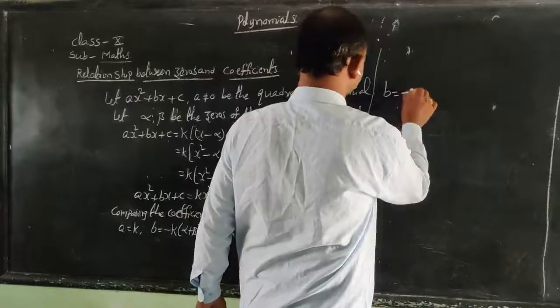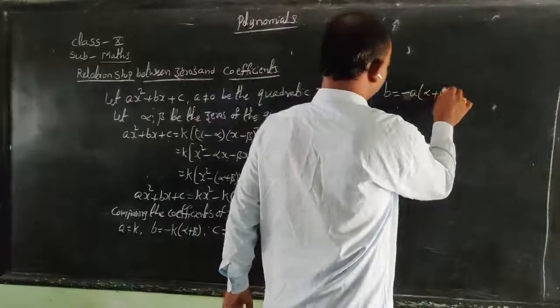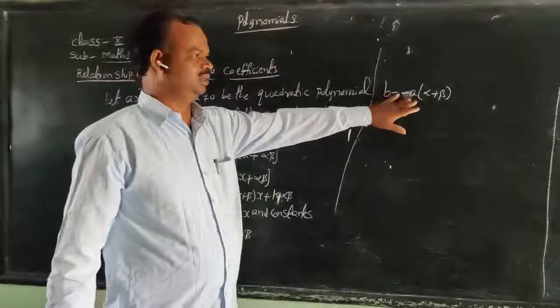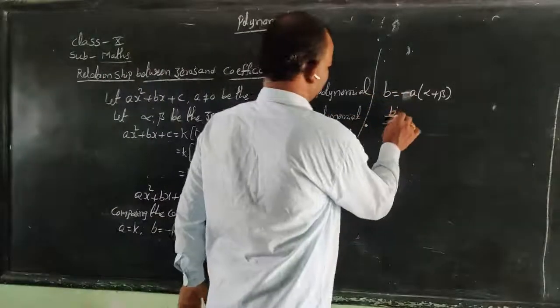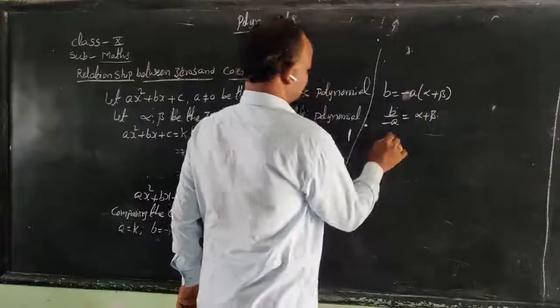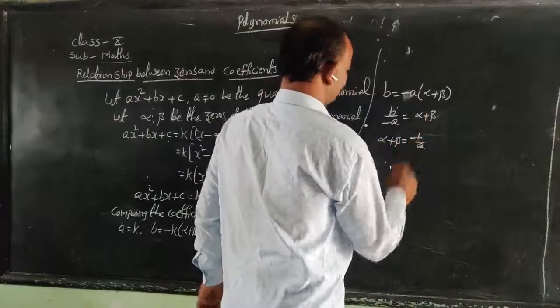Minus k means minus a into alpha plus beta. Here minus a is multiplying, so transpose the value, it divides. So b by minus a is equal to alpha plus beta. Here alpha plus beta is equal to minus b by a.